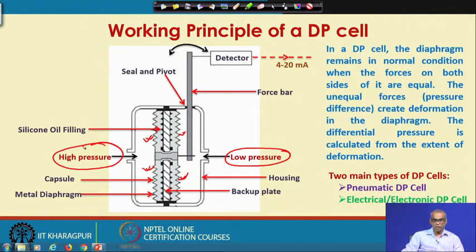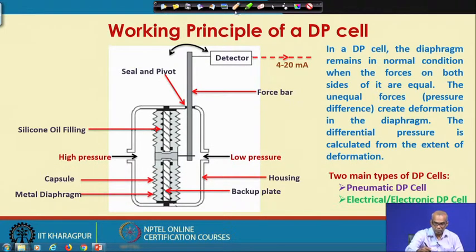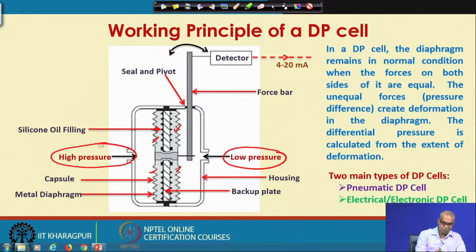So, essentially you have a diaphragm mounted in a chamber, and you have two pressure sources which will be applied on from both sides of the diaphragm.